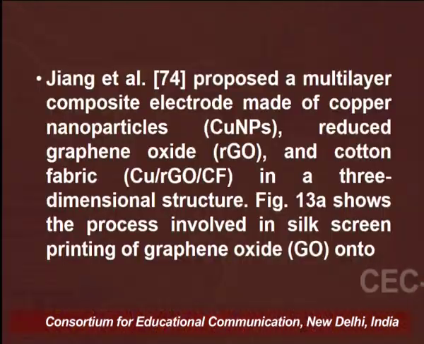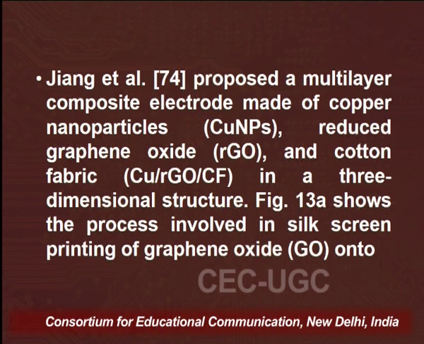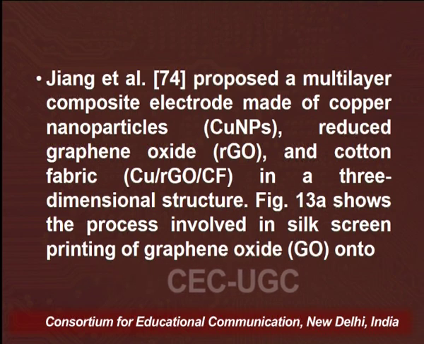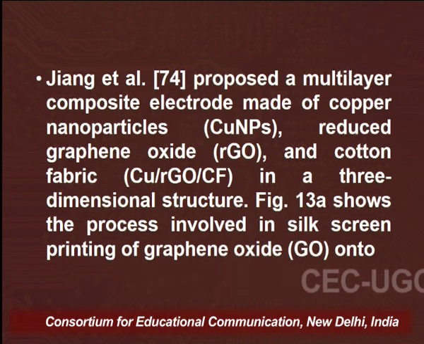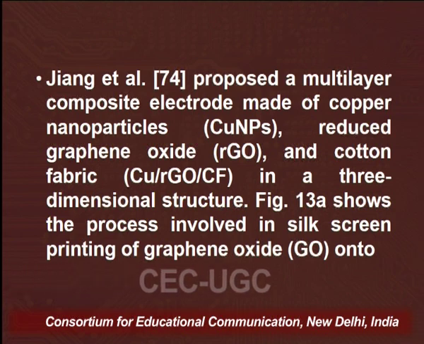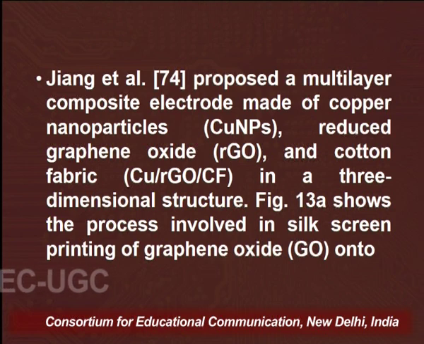Again, one of the scientists proposed a multi-layer composite electrode made of copper nanoparticles, that is why it is called CuNPs, reduced graphene oxide, represented by RGO, and cotton fabric, that is Cu/RGO/CF.